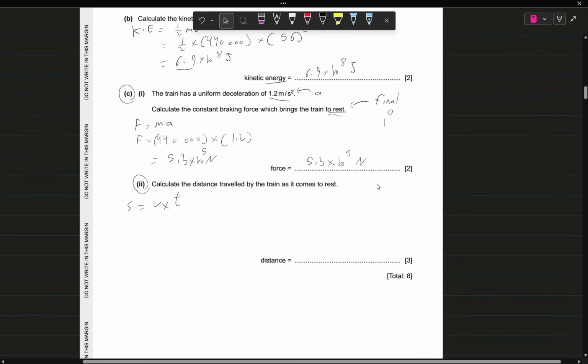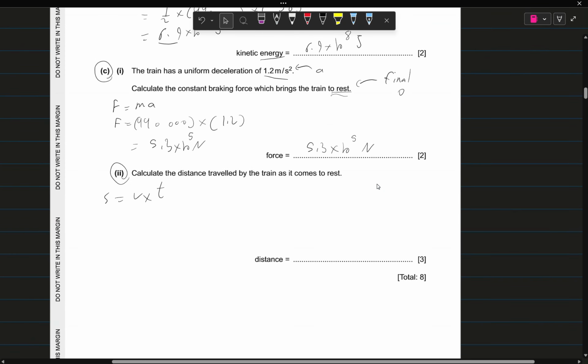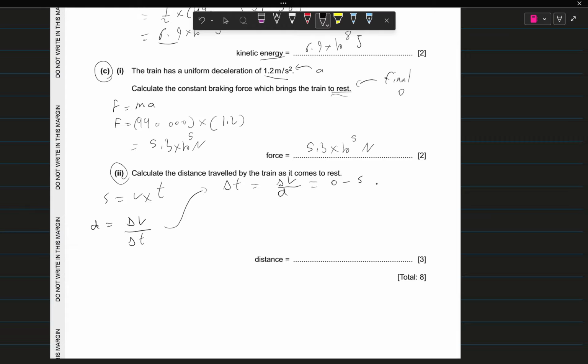So what does that mean? We can actually utilize this when we want to calculate the time. Now we know that acceleration equals the change of velocity over change of time. Which means that if we want to find the time, or delta t, that will be the change in velocity over the acceleration. So the change of velocity will be final minus initial, so 0 minus 56, over acceleration being negative 1.2.